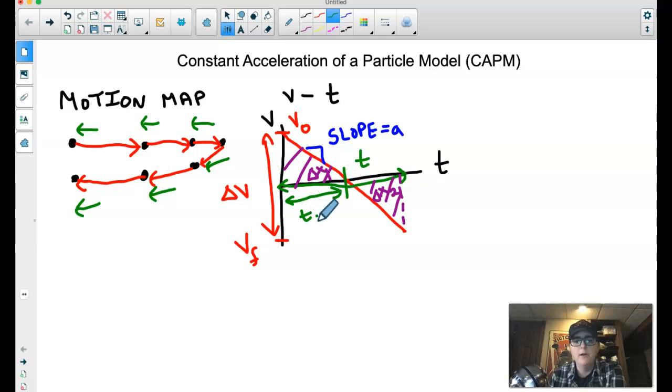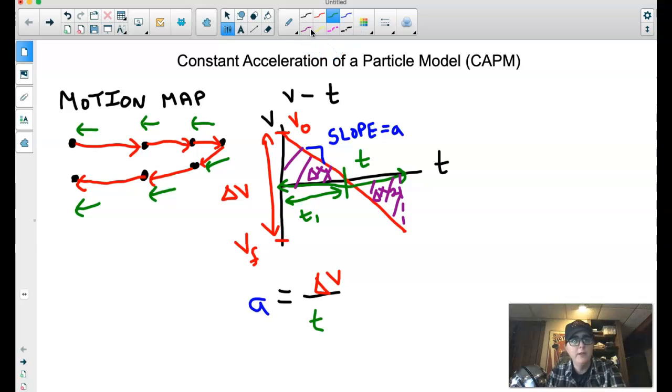Now, we also used these VT graphs to build equations. We said that slope is rise over run, where the slope represents the acceleration, the rise represents the change in velocity, and the run represents the time.